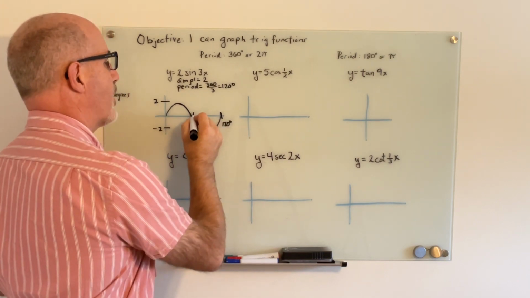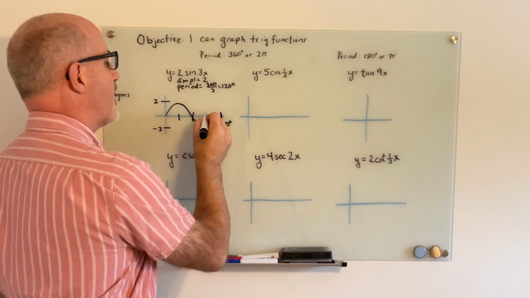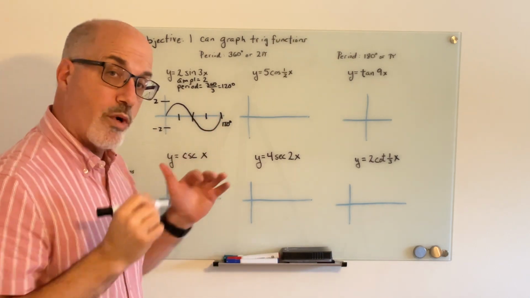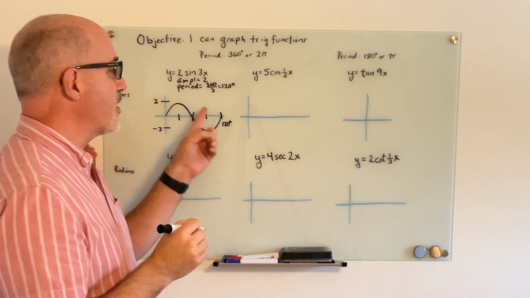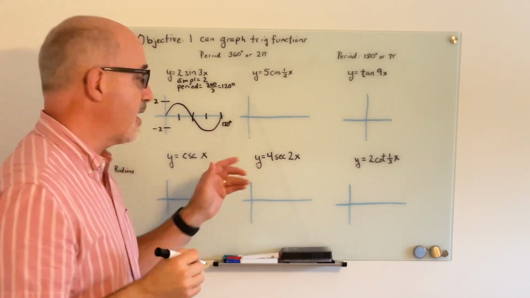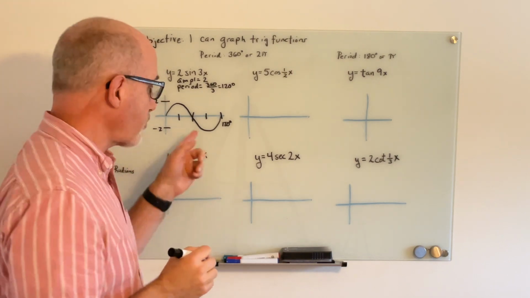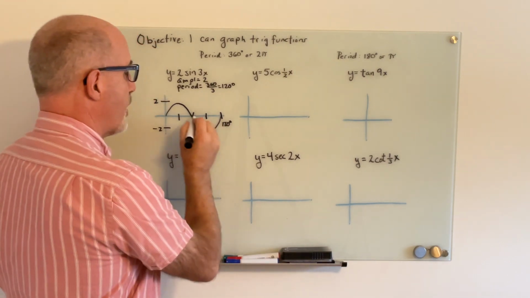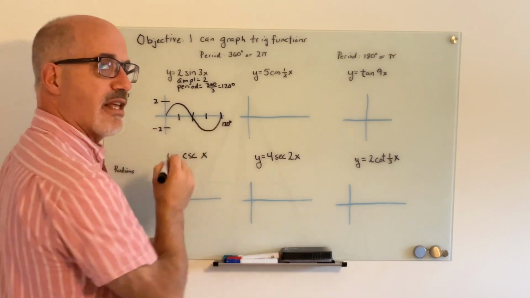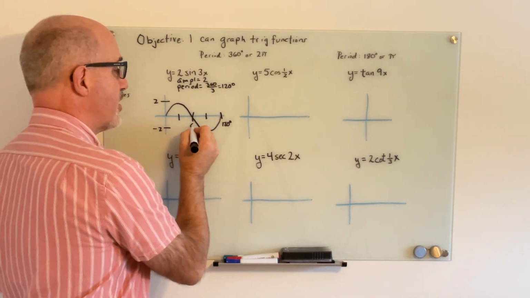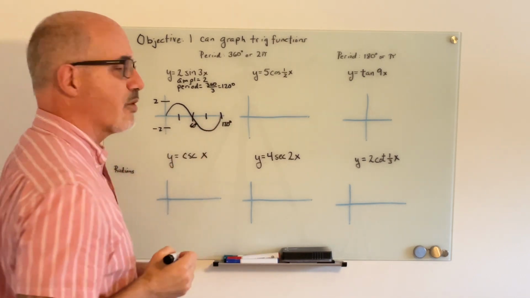And so I'm going to do all the key points, and the key points that we're going to list here are where it crosses the axis or the midline, and where it goes to the maximum or the minimum points. So the first one where it crosses here is halfway to that 120, so it's going to be 60 degrees by doing half of the 120.